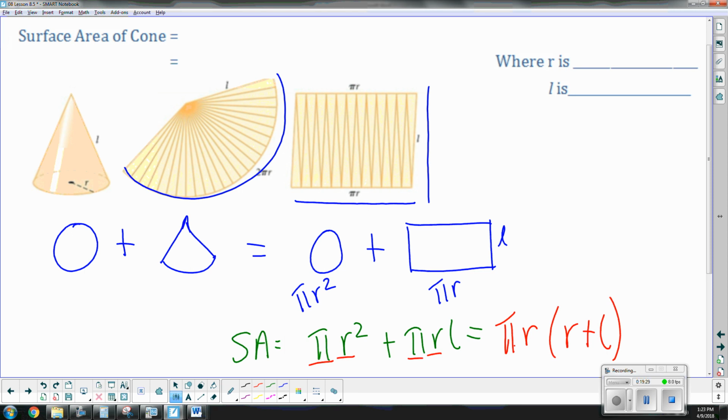It's pi r squared for the circle plus pi r L for that rectangle. And that's equal to pi times r times the quantity r plus L. Okay, where r is the radius, and L is the slant height.